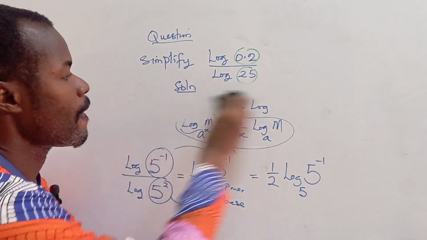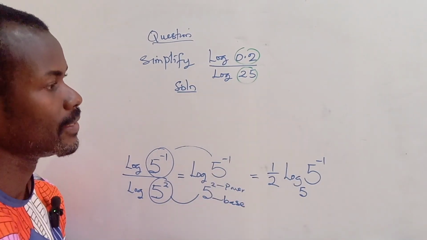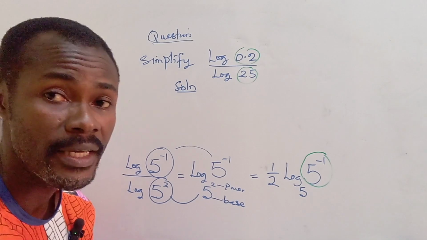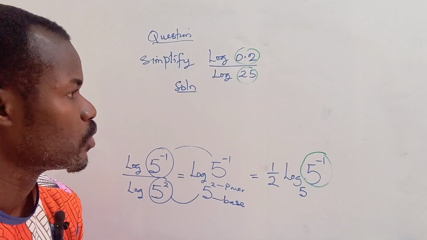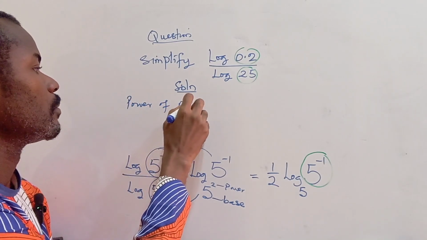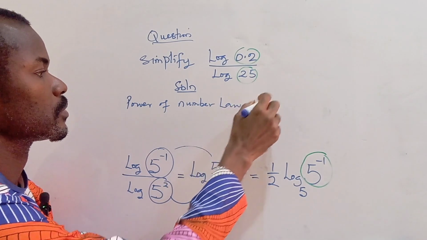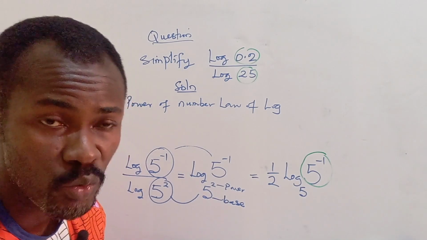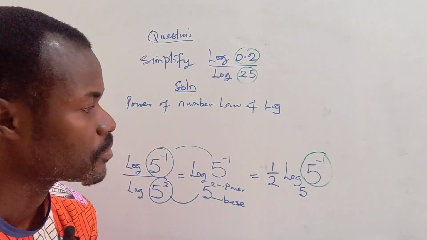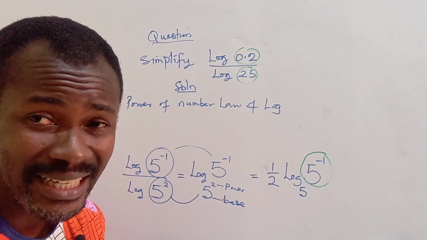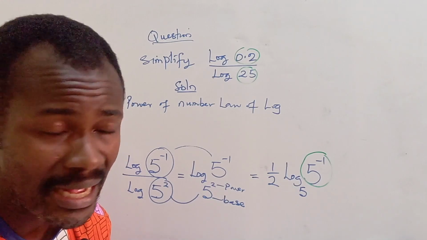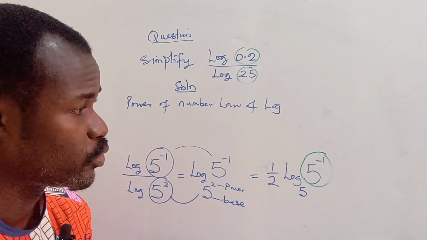What's our next step on this? If we carefully look at the problem again, I can recognize there is a law we can apply to this. We'll call that the power of number law of logarithm. If you're solving logarithm, you want to ensure that you are able to discern which law to apply at what stage while solving, because there are lots of laws. We have about 10 or 11 laws of logarithm. All you need to do is practice questions, use the laws, and whenever you see when they are applicable, you'll be able to know when to use them.